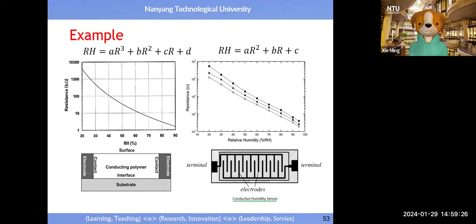So this is what we call the calibration equation. And then this can be remembered by your microcontroller, right? So once you have a reading of the actual resistance, then you use this equation to compute the exact value of relative humidity. Understand? So this we call calibration, right?